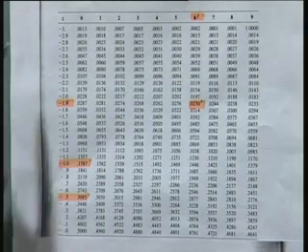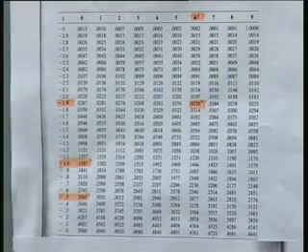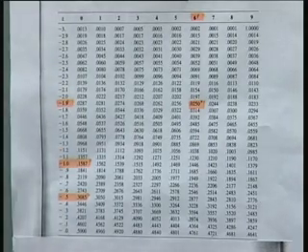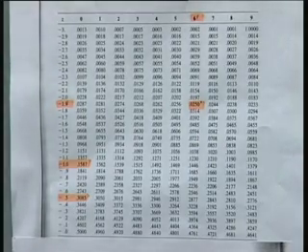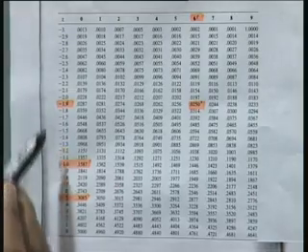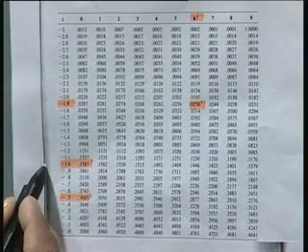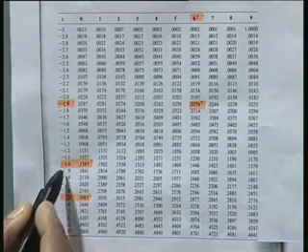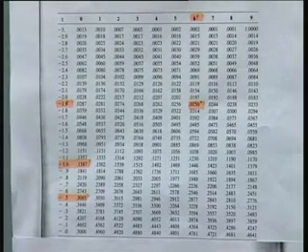So, we see along this, it starts from minus 3 in this table, though it should start from minus infinite to plus infinite. So, minus 3 it will go up to plus 3, and over here if you follow, here is the highlighted one, minus 1.0.